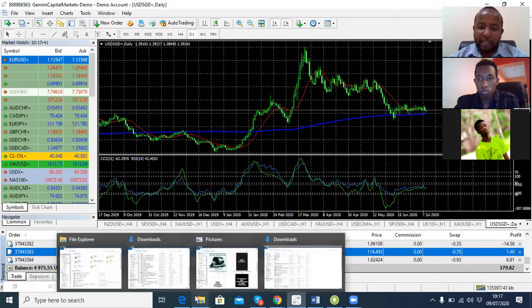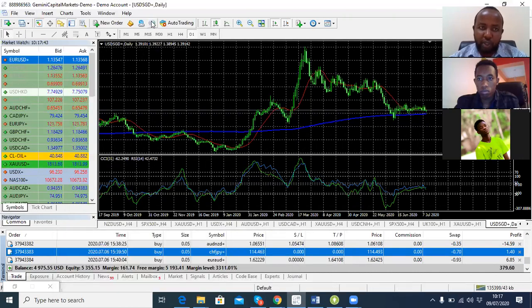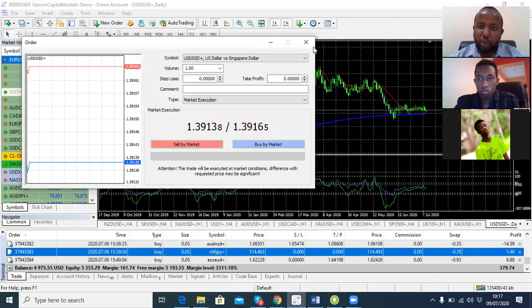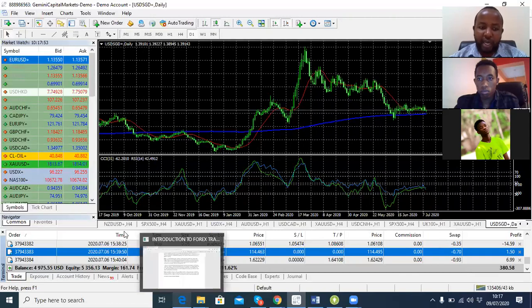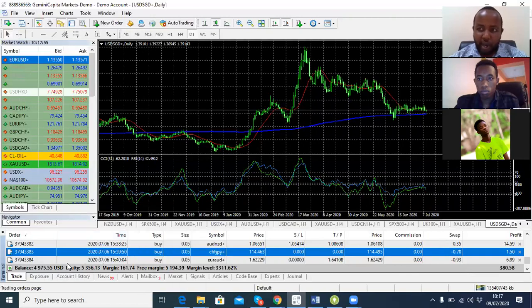So required margin is what is used to be able to maintain these positions running. The way you're seeing these positions running, that is required margin. But we are going to go into detail. So basically margin is the deposit that is required to maintain and to run these positions, as you can see them. So, okay, let's continue.